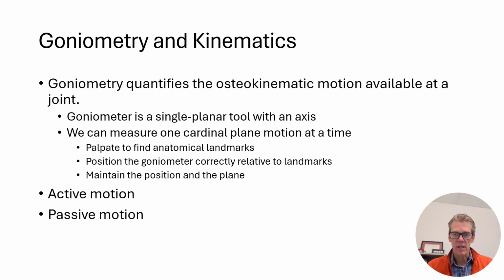We want to position that goniometer correctly, and we need to stay in the right plane of motion. We want to move the goniometer and the joint and segment in the same plane so that we get accurate measurements. And we can do this both during active motion, where the person is moving the joint themselves, or we can also assist and move them ourselves and determine the end of their passive range of motion.